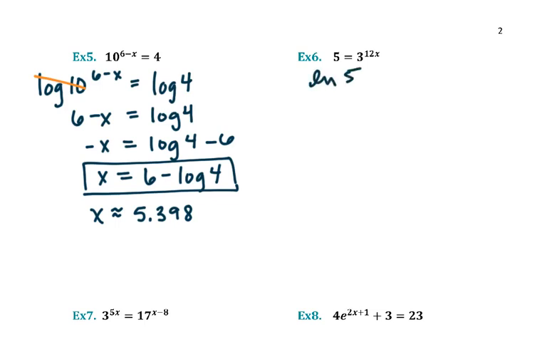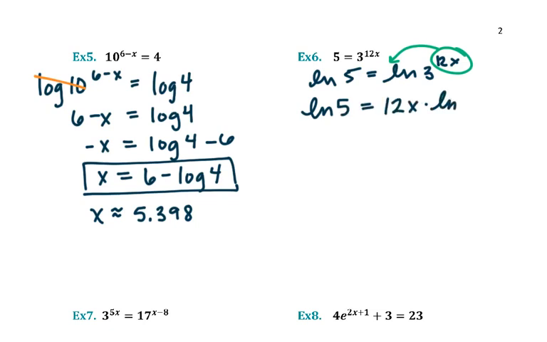The natural log of 5 equals the natural log of 3 to the 12x. At this point, nothing really simplified out, but we can use our power rule. So this is the natural log of 5 equals 12x times the natural log of 3.